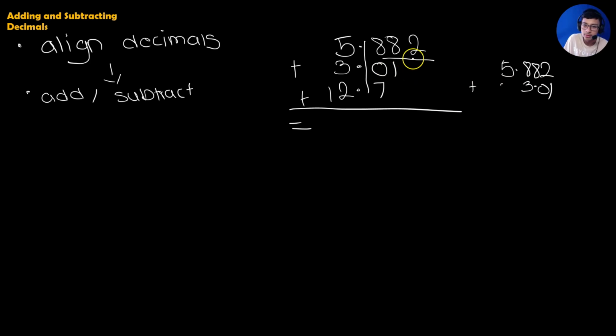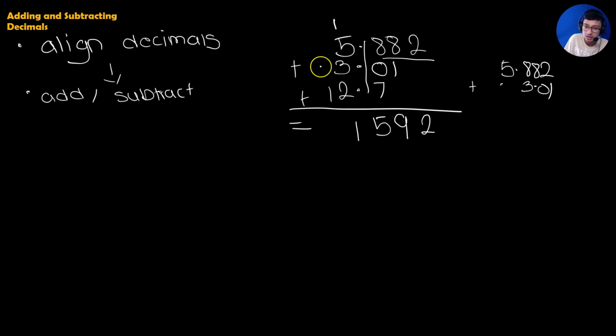So 2 plus nothing and nothing, 2. 8 plus 1, 9. 8 plus 0 plus 7, 8 plus 7 equals 15. 1 goes on the top. 1 plus 5 plus 3 plus 2 equals 11.